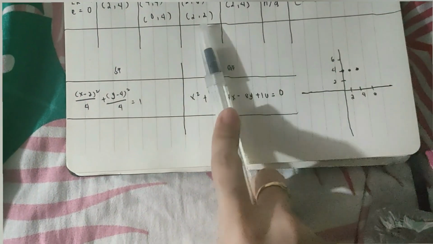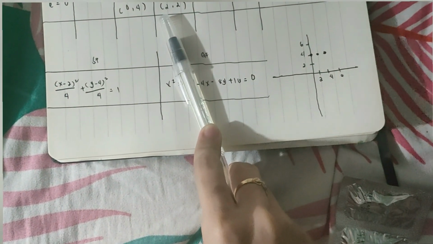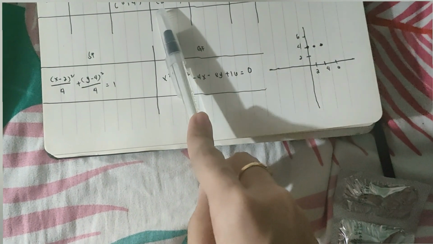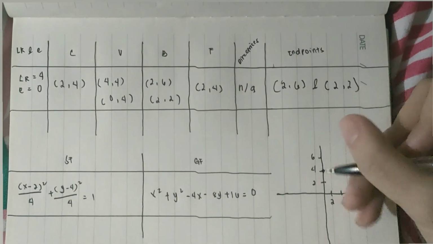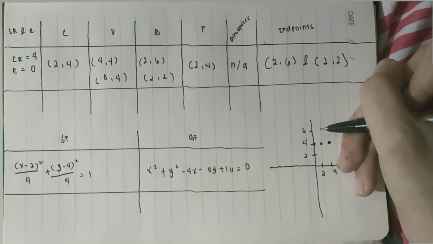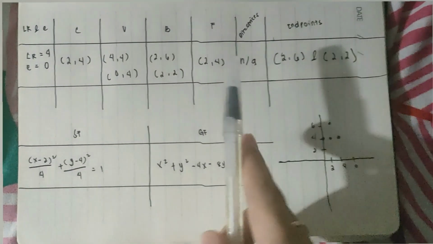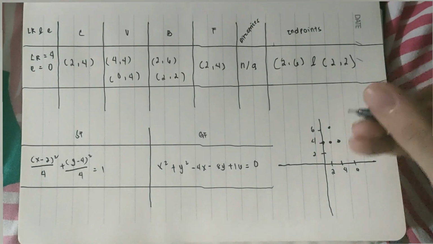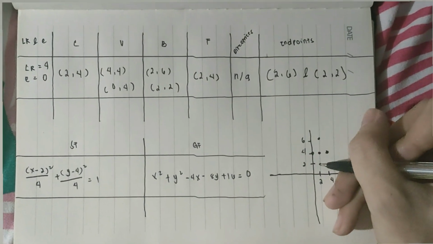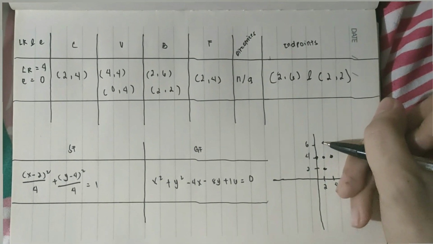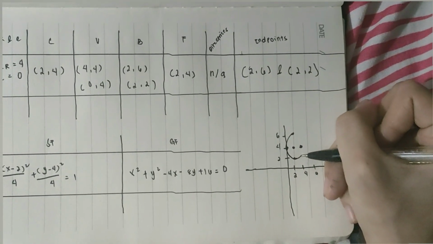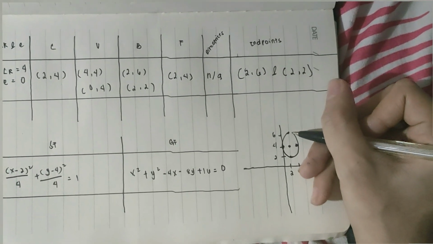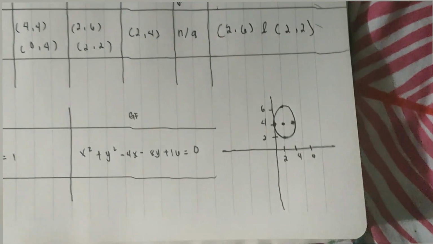And yung distance from the center to one end ay 2, 6, at 2, 2. And then connect. Ganyan yung graph niya.